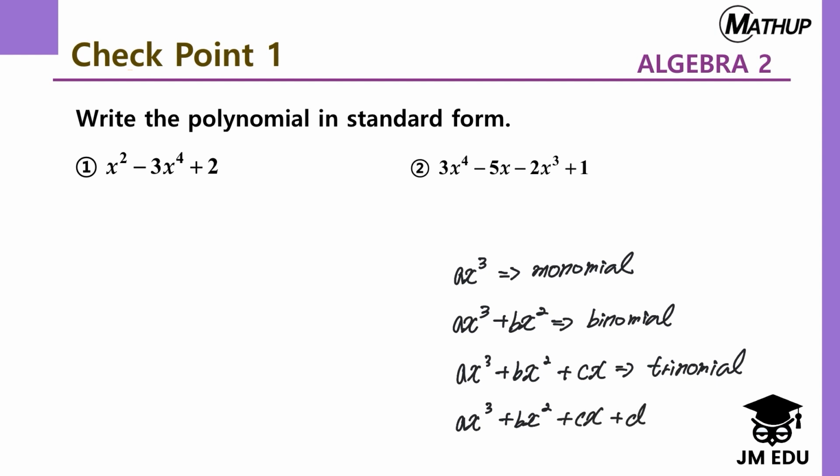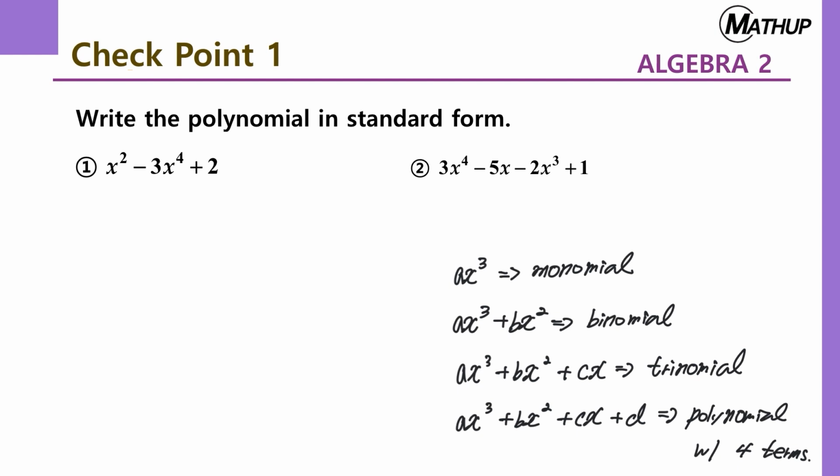If the polynomial has 4 or more terms, then we just say this is a polynomial with 4 terms. If the polynomial has 5 terms, then we can say that's a polynomial with 5 terms. Okay, does that make sense? So the name of a polynomial is determined by the number of terms.